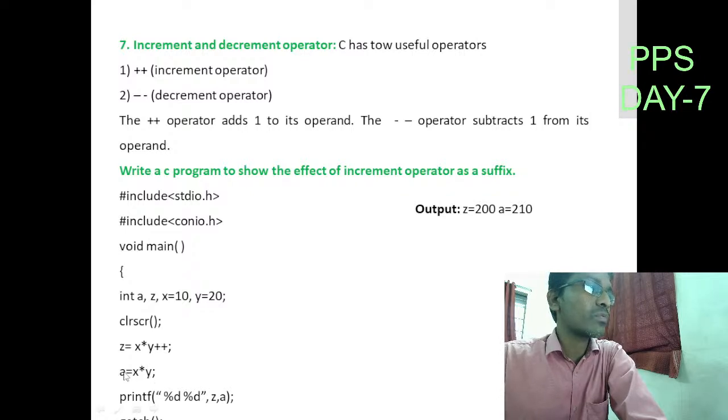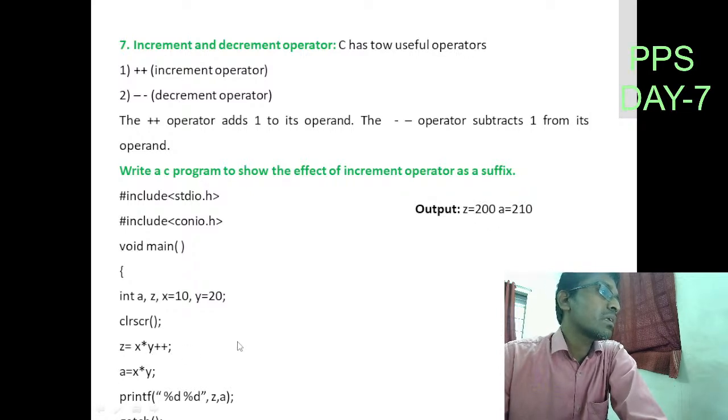That's why I got a is equal to 10 into 21, which is 210. For z, the x value is 10 and the y value is assigned directly, so 10 into 20 is equal to 200, which will be printed.